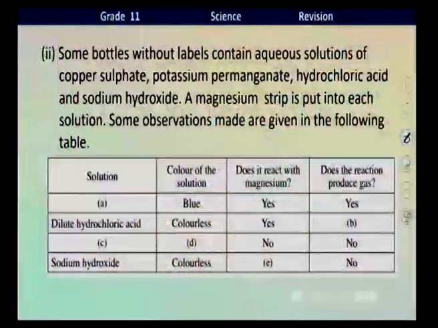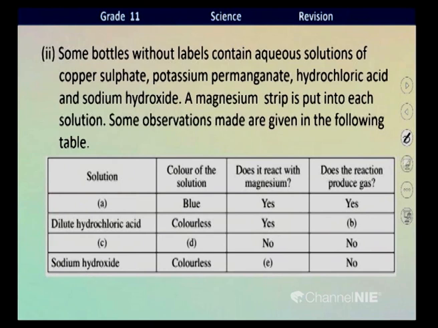Now, look at here. Some bottles without labels contain aqueous solutions of copper sulfate, potassium permanganate, hydrochloric acid and sodium hydroxide. A magnesium strip is put into each solution.